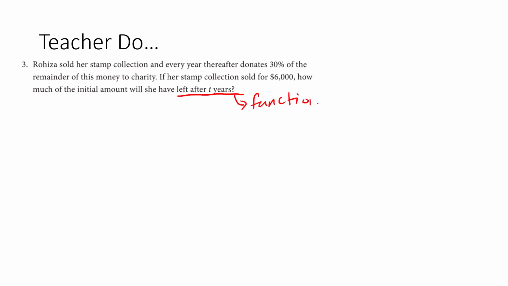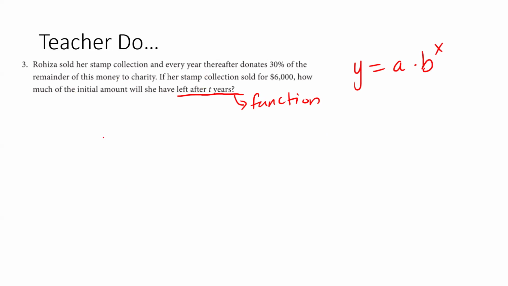It did not say find the function, but because it gave us a variable instead of a numerical value, we know we have to find a function. Does that make sense? So from this problem, we're going to identify what's our A and our B, because we're writing y equals A times B to the X.